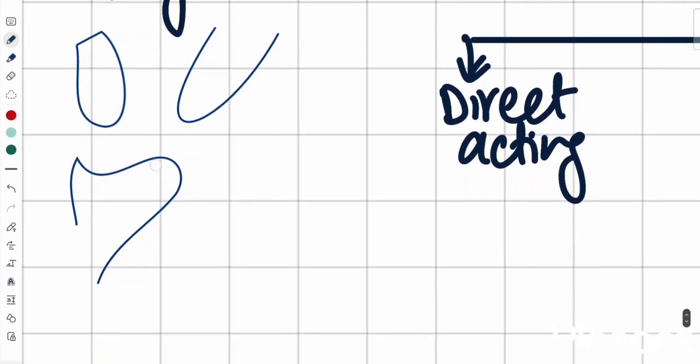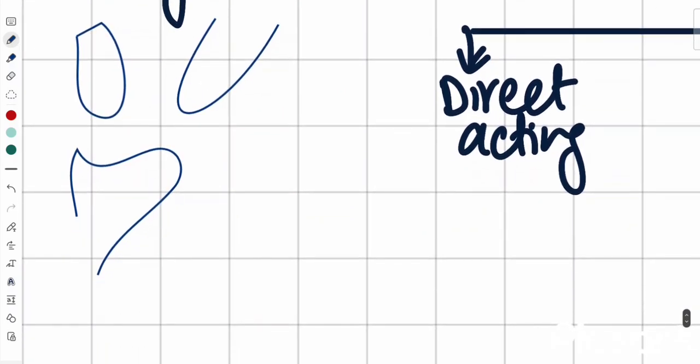So right here we have this little diagram. This right here is an upper motor neuron, this is a lower motor neuron, and this is an inhibitory neuron.